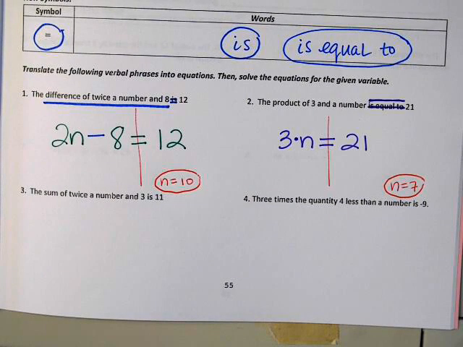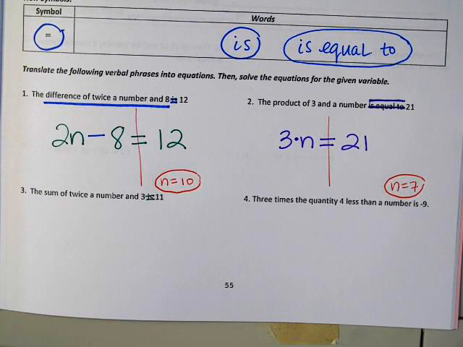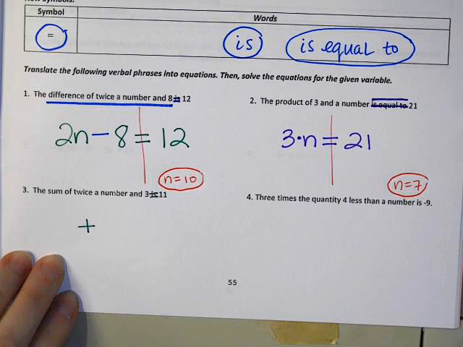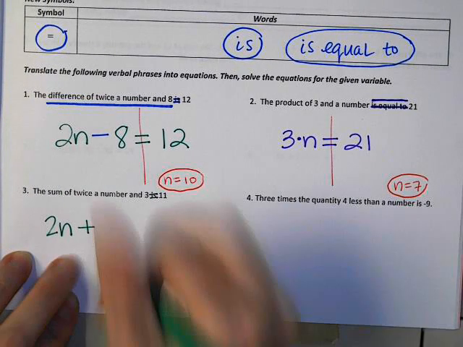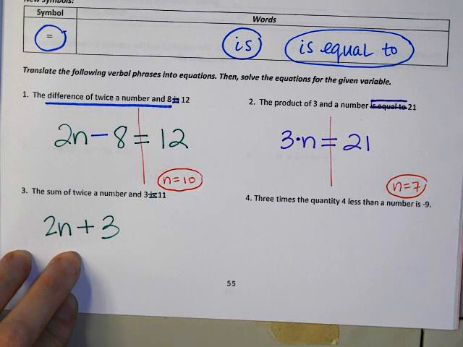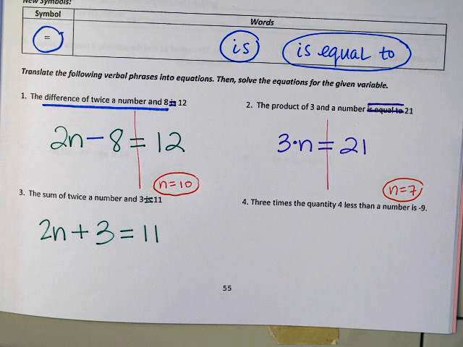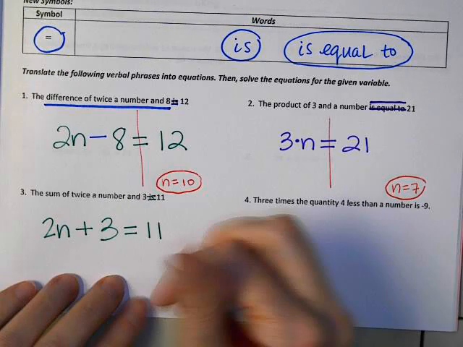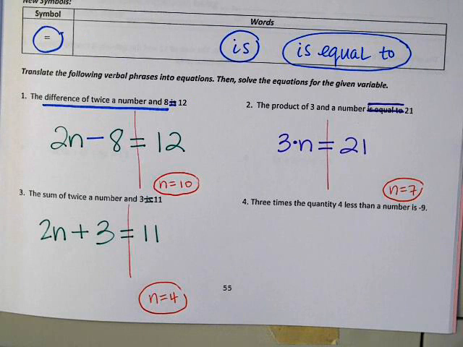And then number 3 is 11, so that's the equal sign. The sum is plus. We're summing twice a number, 2n, and 3, and that sum is equal to 11. Again, I will let you guys solve it. You should end up with n equals 4 if you drew the wall and solved.